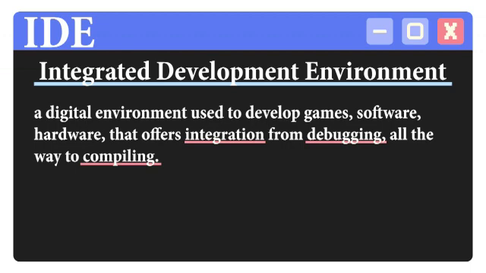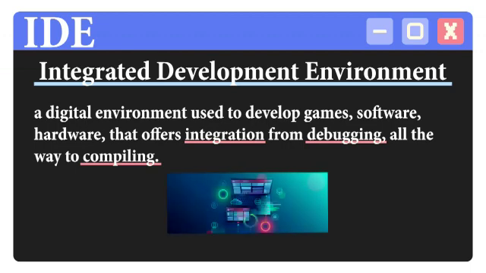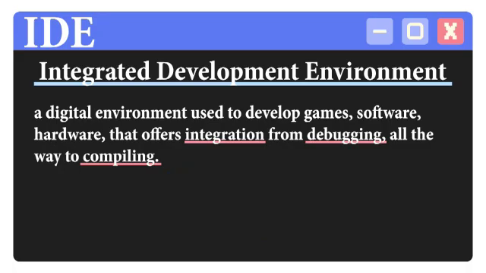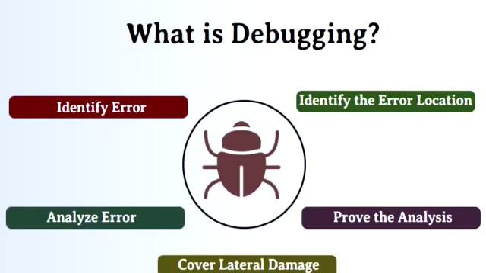Integration means putting all the components together to develop a program. Debugging means to remove errors from the program. Errors or mistakes in a program are called bugs, and removal of such is called debugging.